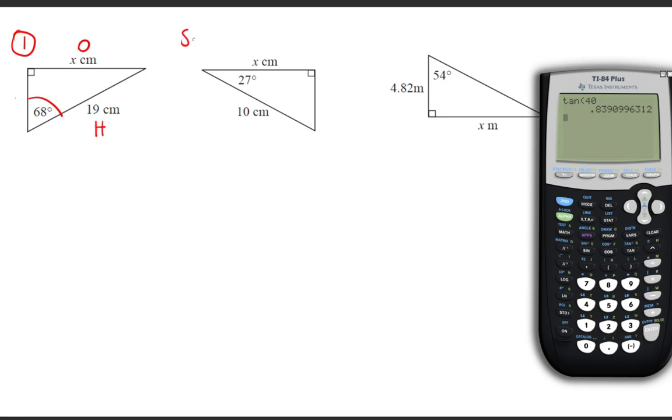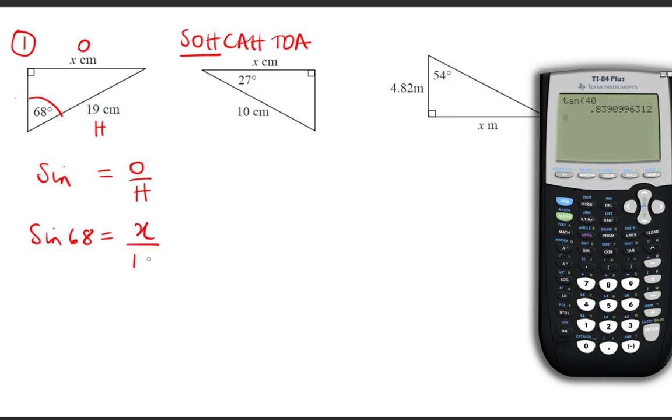So looking at SOHCAHTOA, you can see we need the formula with the O and the H in it, so it's sine. So we know that sine is opposite over hypotenuse. So we write sine 68, opposite is x, and the hypotenuse is 19, so we have this.